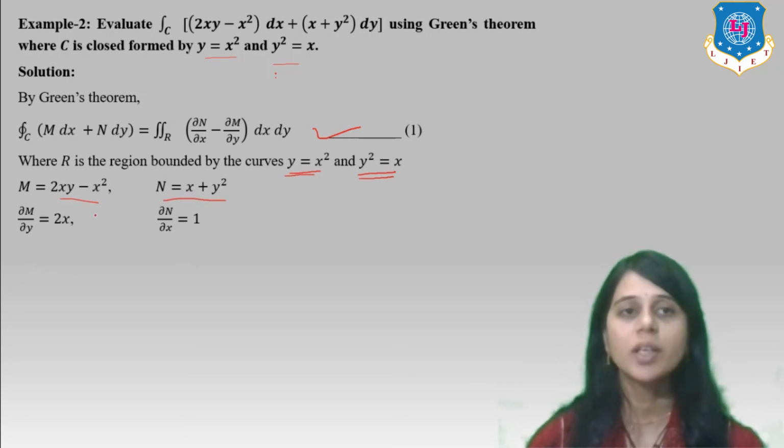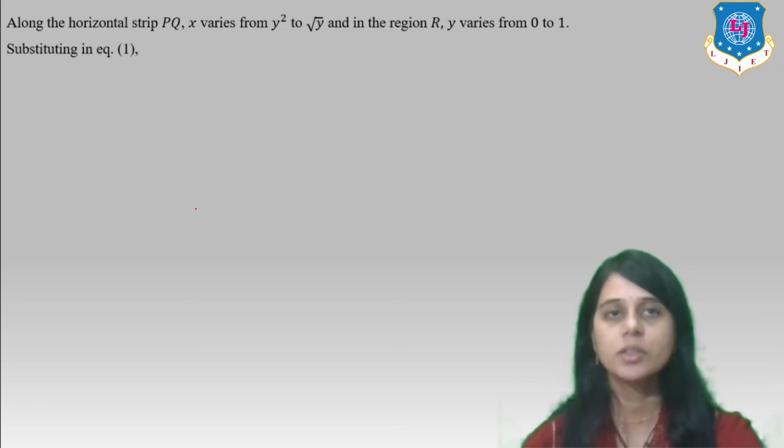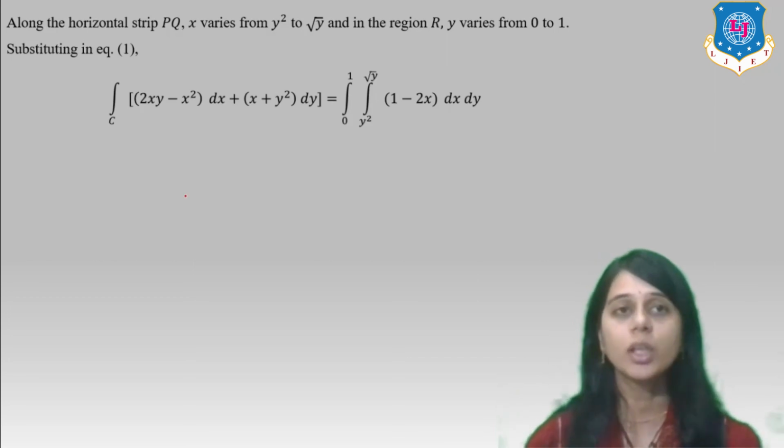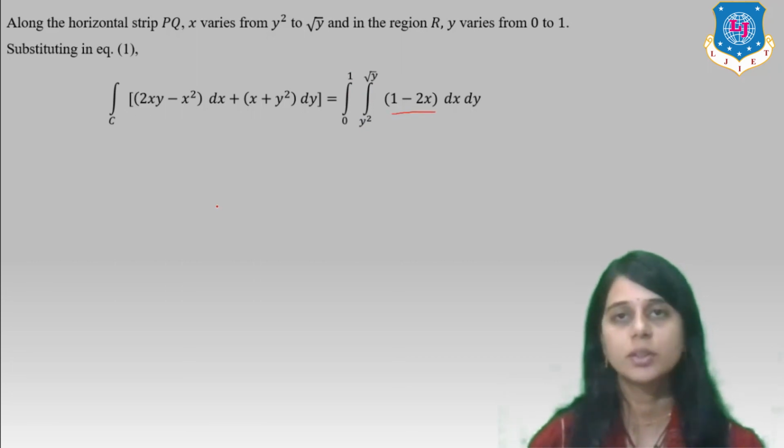What is del M by del y? 2x. Del N by del x? 1. Along the horizontal strip PQ, x varies from y square to root y in region R, and y is 0 to 1. Substituting in equation 1, we take 0 to 1, y square to root y, of 1 minus 2x dx dy.